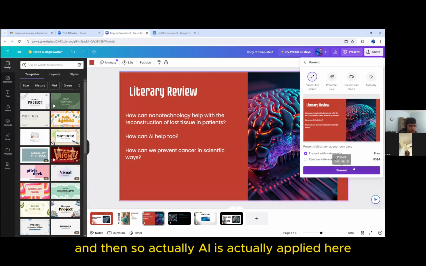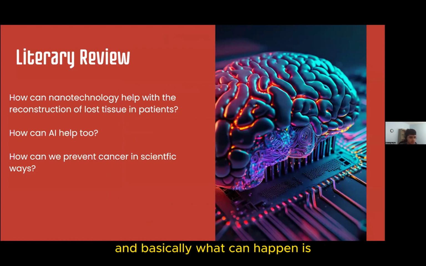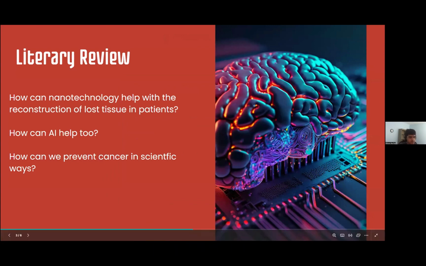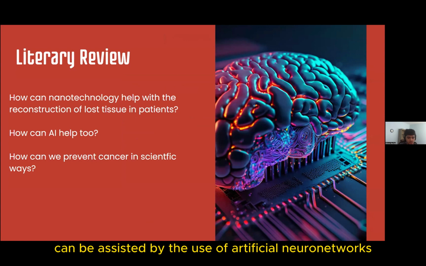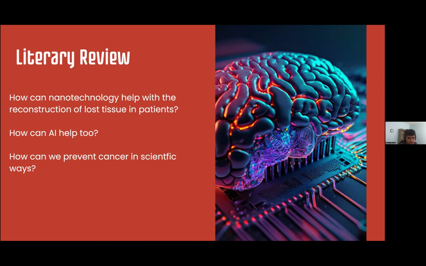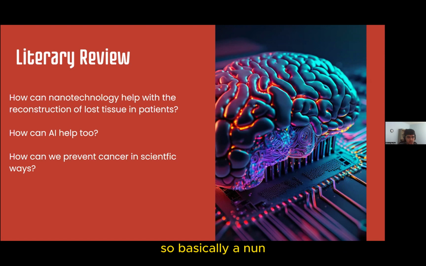AI is also applied here. The diagnosis of cancer and its treatment can be assisted by the use of artificial neural networks, also known as ANN. But this field is not very developed.